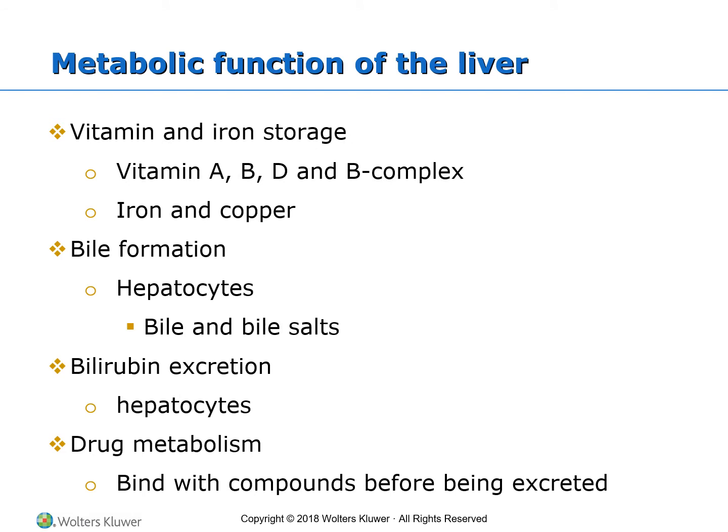Bile is formed in the hepatocytes and is sent to the gallbladder to be stored until it is needed for digestion. So when you eat, then the gallbladder will release some bile, and that helps to break down the nutrients and get them absorbed. Bile salts are synthesized from cholesterol.